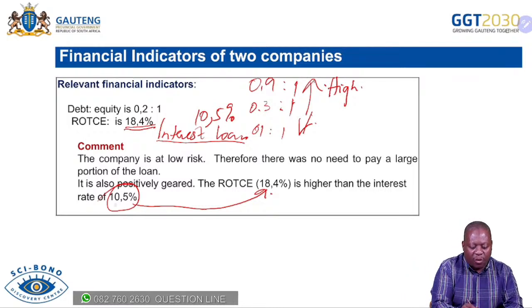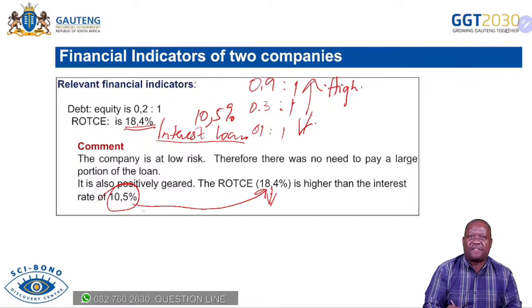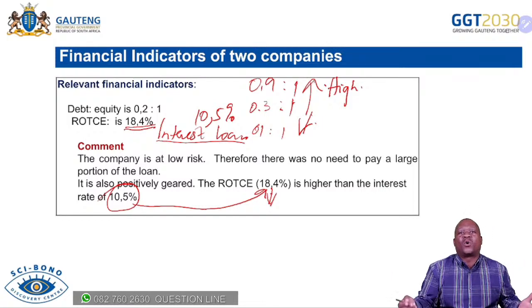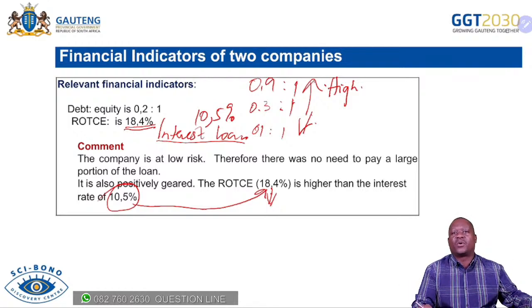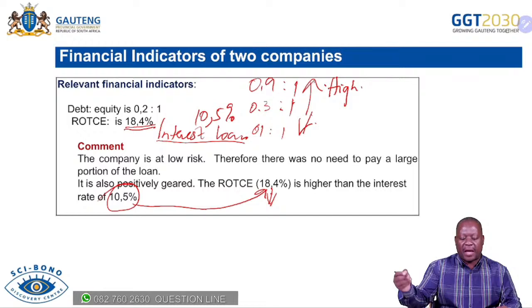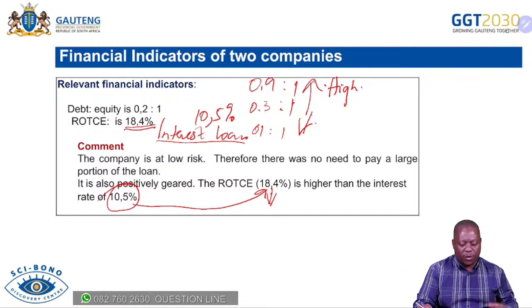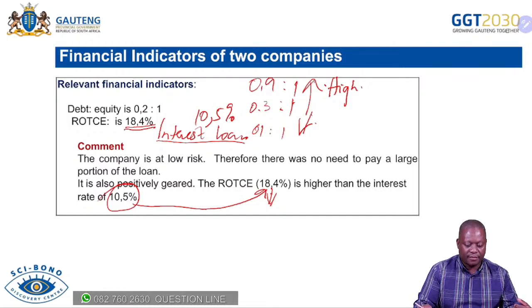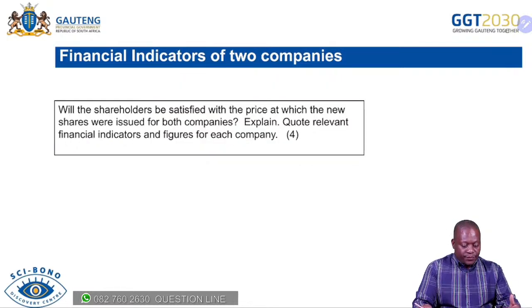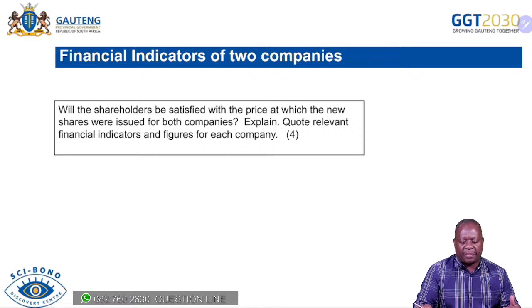If ever we are going to have the return which is lower than the 10.5%, then borrowing is no longer an option, because you cannot borrow at a higher rate than the rate that you are going to get as your returns. Hope it makes sense. Now, will the shareholders be satisfied with the price at which the new shares were issued for both companies?